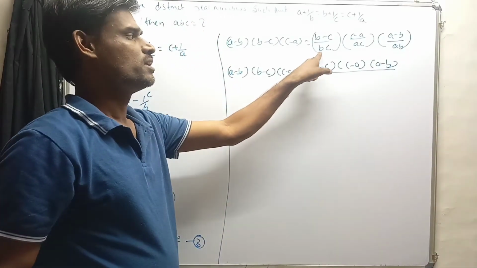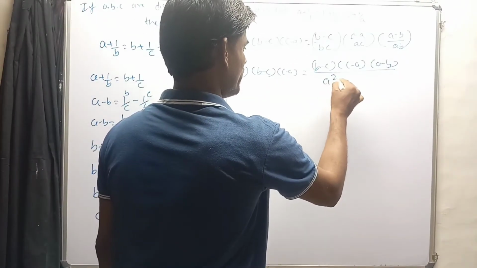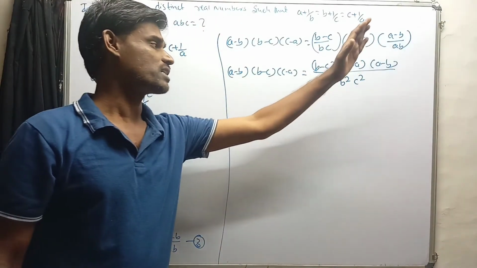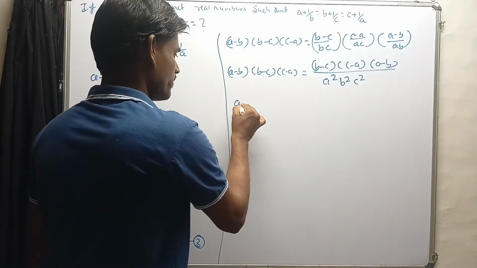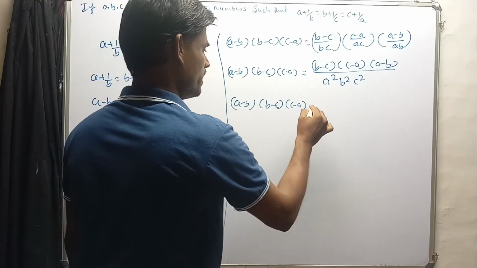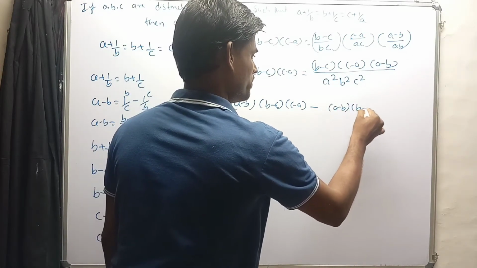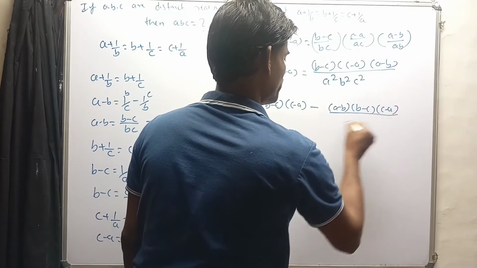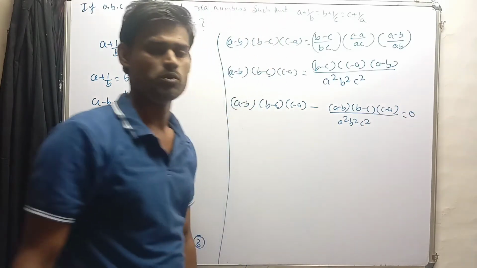Each alphabet or term appears twice, so we can write here A square into B square into C square. Now let's shift this RHS part to LHS. Then we can write A minus B into B minus C into C minus A minus A minus B into B minus C into C minus A divided by A square B square C square is equal to 0.